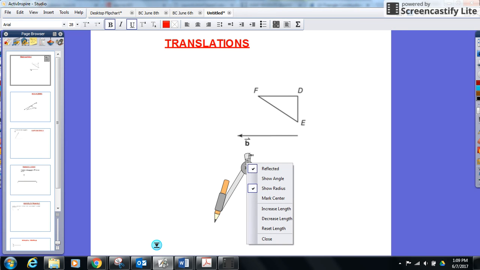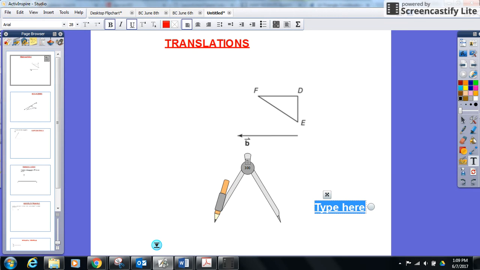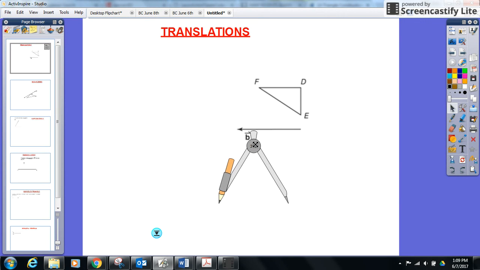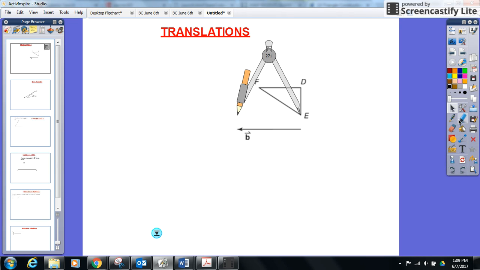So the first one we'll translate is point E. So we're going to measure the length of the vector, move our compass over to point E, and make an arc.